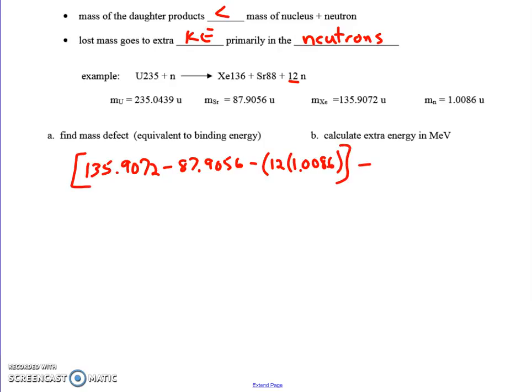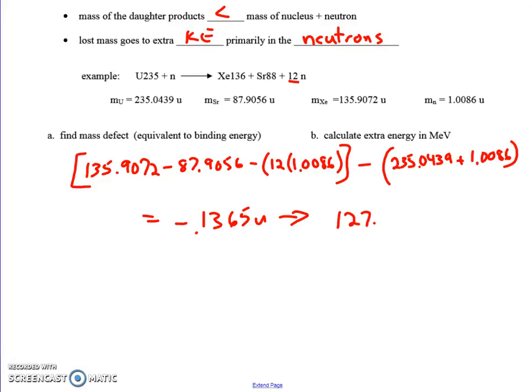Minus now the reactants, so that's going to be 235.0439 plus the 1 neutron. Okay, that's a lot of accounting. I'll do the math for you. This mass defect is negative 0.1365 u. That's quite a bit, and that translates to an extra energy of 127 MeV.